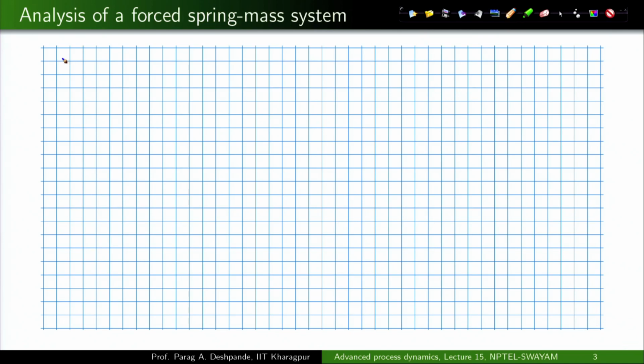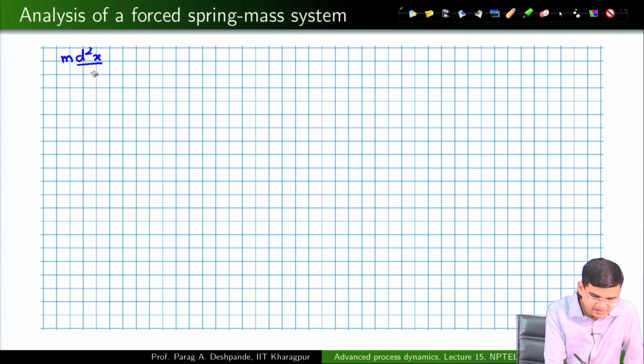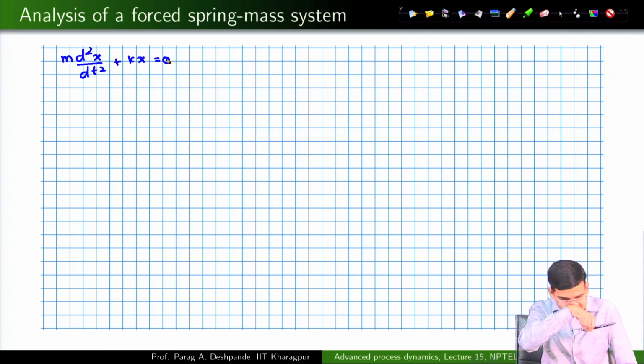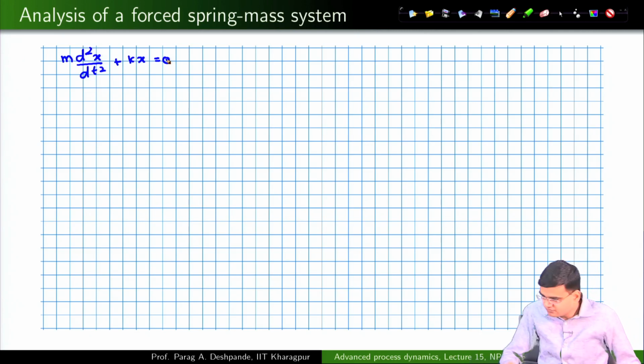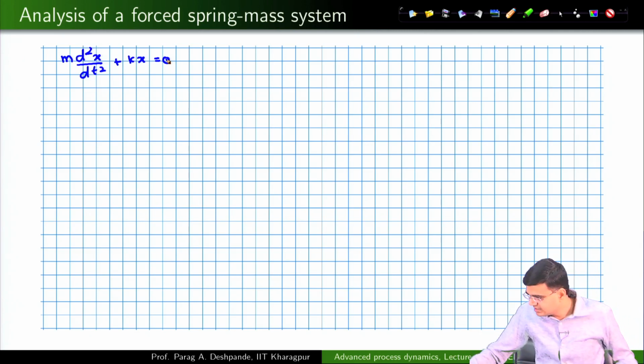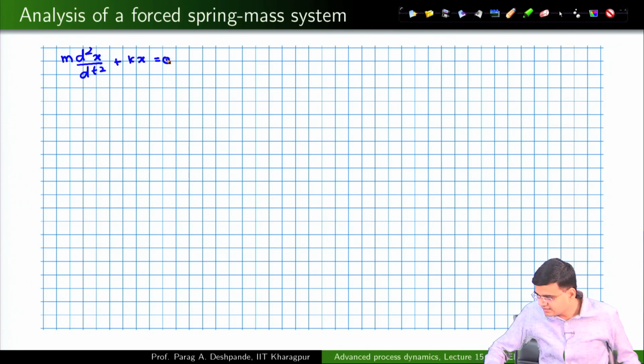The equation was m d2 x by dt squared plus k x is equal to 0. The equation was this, and the various relevant quantities that we developed in the previous lecture are like this.